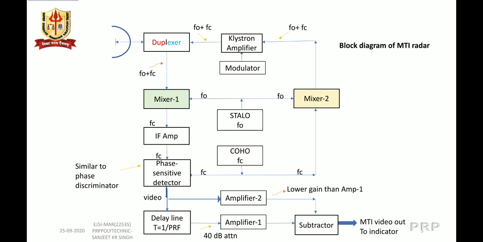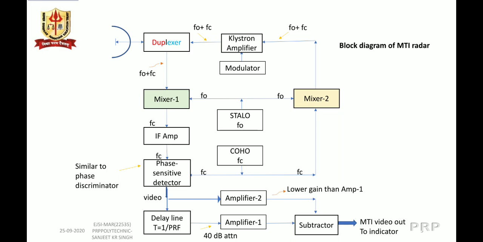This amplified signal is then fed to the phase sensitive detector, which receives another input from the coherent oscillator, because it is phase locked with the incoming signal from the IF amplifier, which works at the same frequency.